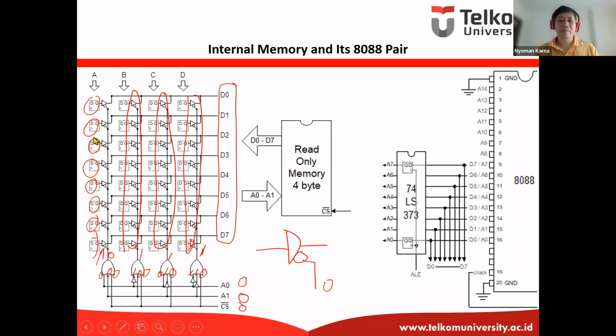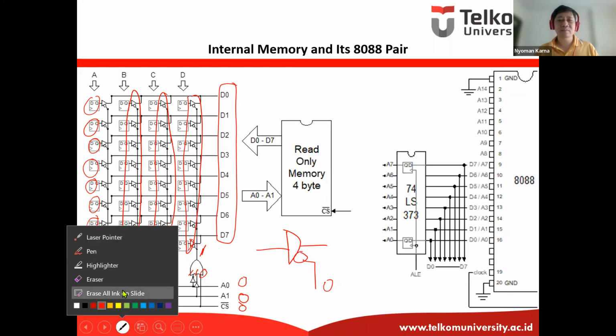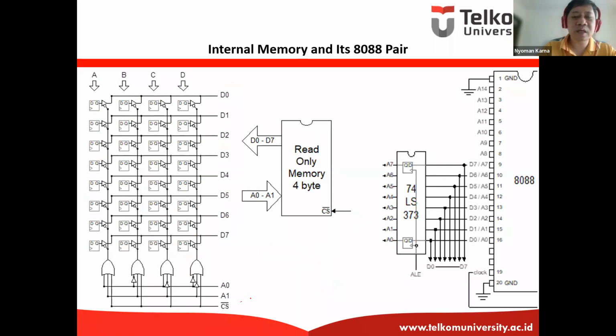Okay, now, how about another combination, just to make sure? Chip select is 0, and let's say this one is 0, and this one is 1. Now, the first OR gate, this will become 1, this will become 0, and this will become 0. 1 plus 0 plus 0 is 1, not active. 0, 0, 0. 0 plus 0, this one is now active.